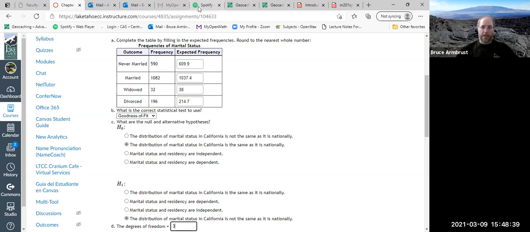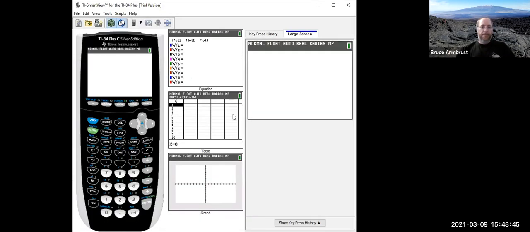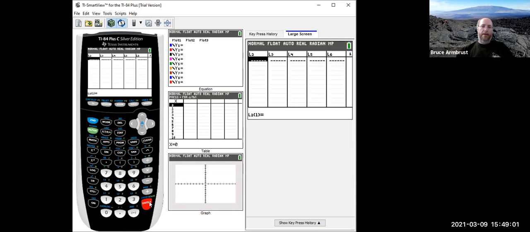So I'm going to switch my share here. Go to the calculator. All right, so when we do goodness of fit, the first thing we need to do is put our information into a list. So I'm going to go to stat, and I'm going to do edit. And so I'm going to put the information in the list.